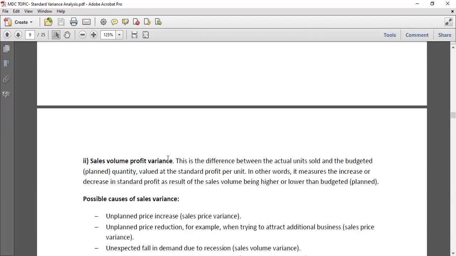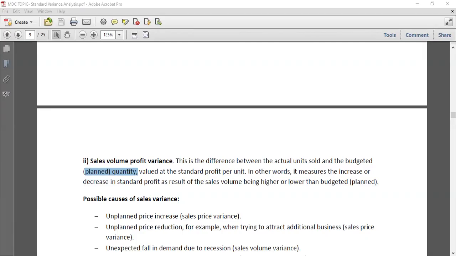This is the difference between the actual units sold and the budgeted planned quantity valued at the standard profit per unit. This is where the standard profit per unit comes in, which is provided to us.